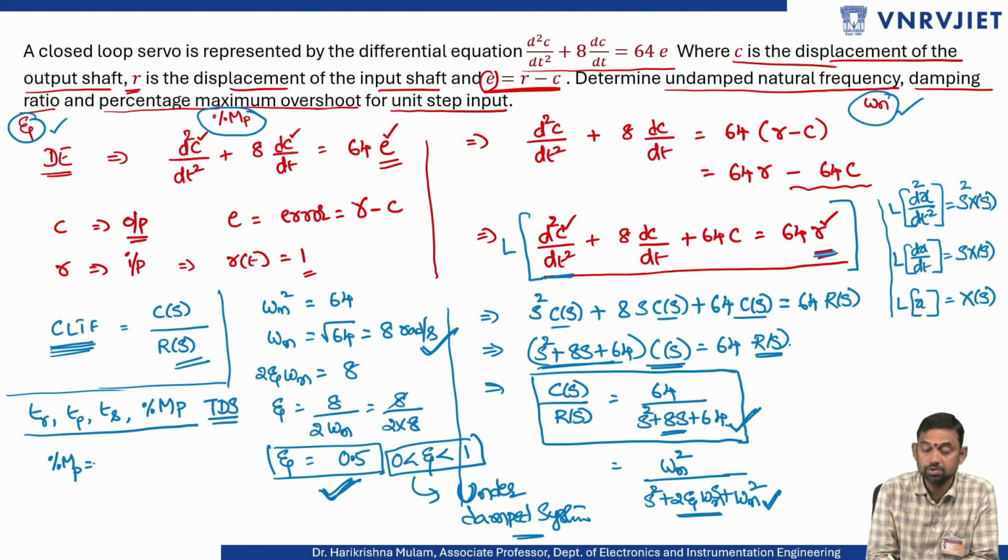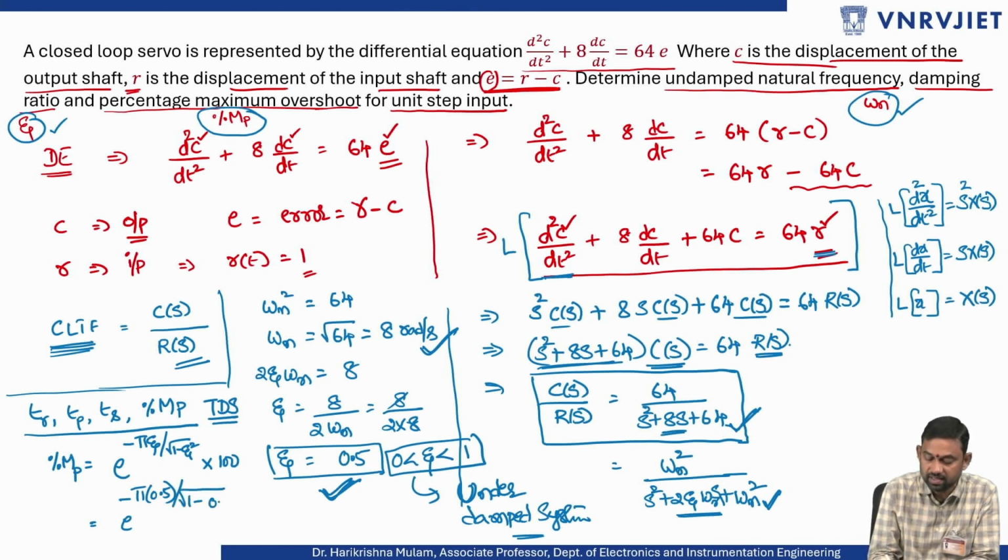So percentage overshoot is given by the formula e power minus pi zeta divided by square root of 1 minus zeta square, into 100. This is the formula for percentage overshoot. That is equal to e power minus pi, zeta is 0.5, divided by square root of 1 minus 0.5 whole square, into 100.